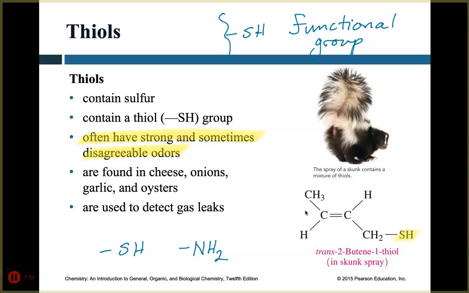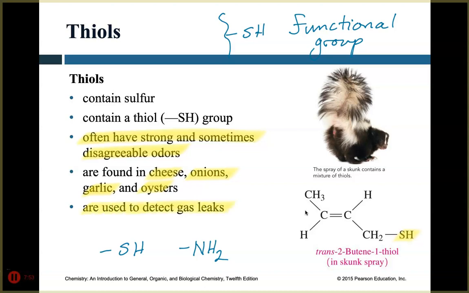Not that they inherently smell bad, it's just that you've evolved to have an adverse reaction to the smell. However, in small amounts, they can be useful because that's what gives certain funky cheeses their flavor, and onions, garlic, and oysters are also based on these thiol compounds, though usually they're in small amounts.